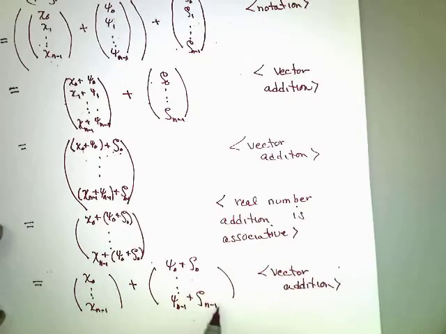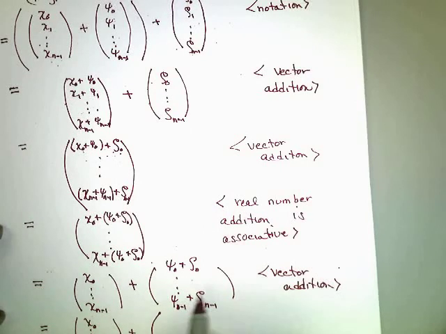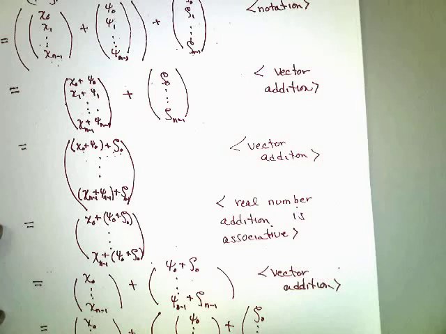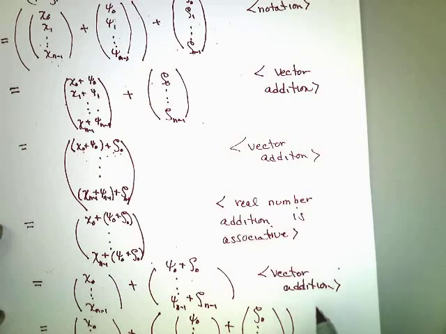But what is this? It looks again like the sum of two vectors: the vector with components psi 0 out to psi n minus 1 with the vector with components zeta 0 out to zeta n minus 1, no matter what these psi's and zetas actually are. Again, that's just vector addition.